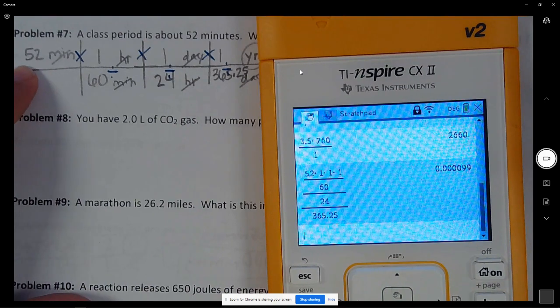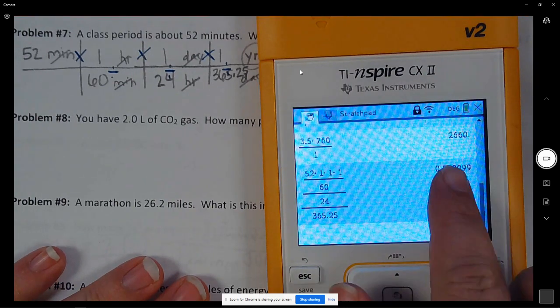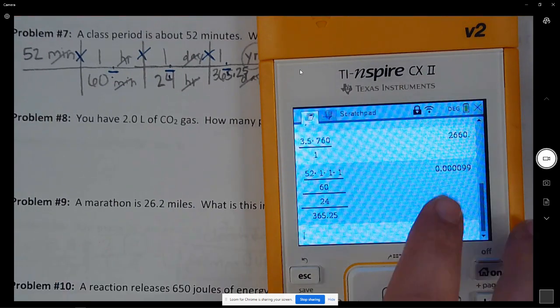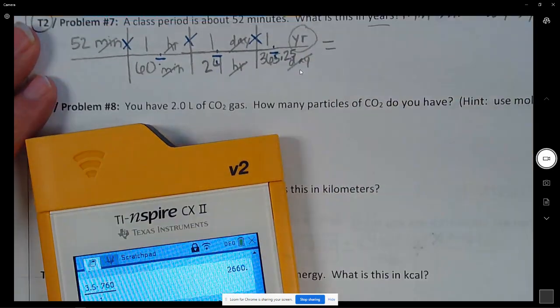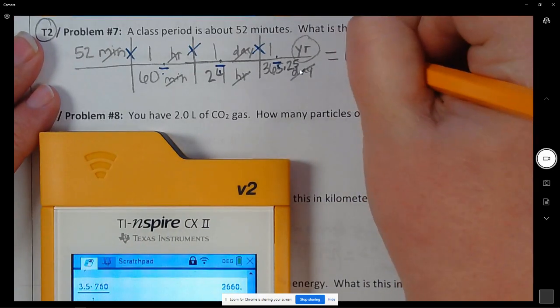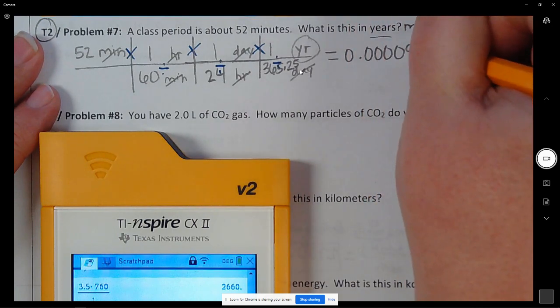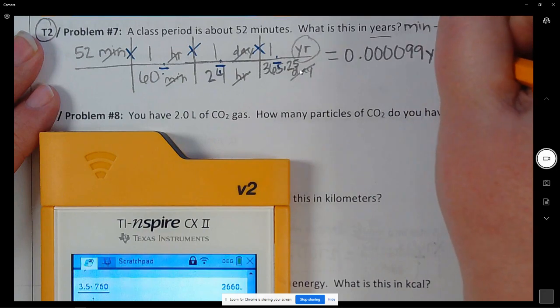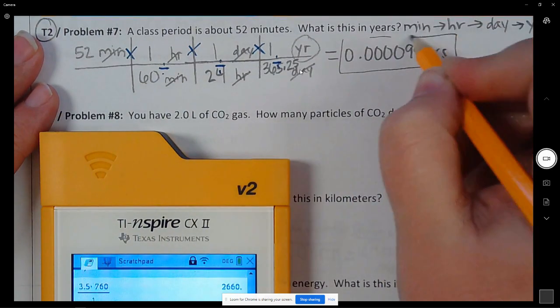So our original number has 2 sig figs. So I'm supposed to use 2 sig figs. Well, guess what? The way the calculator has it gets you 2 sig figs. So you can write this as a decimal, 0.000099 years. Because remember, you have to keep the unit. So this is an acceptable answer.